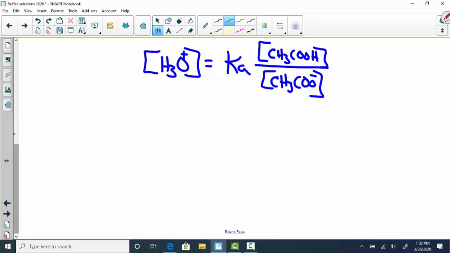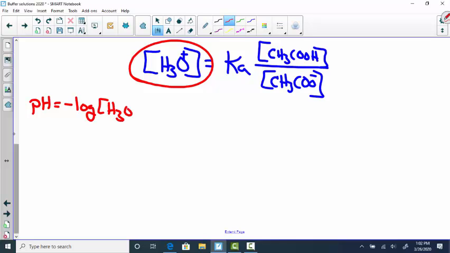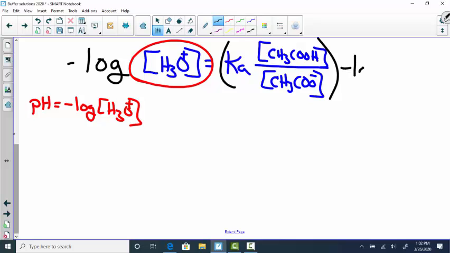Well, why do that is because right here is the H3O plus concentration, and pH is just minus the log of the H3O plus concentration. So what we're going to do is take minus the log of both sides of this. Imagine that being right there. I just couldn't fit it there.